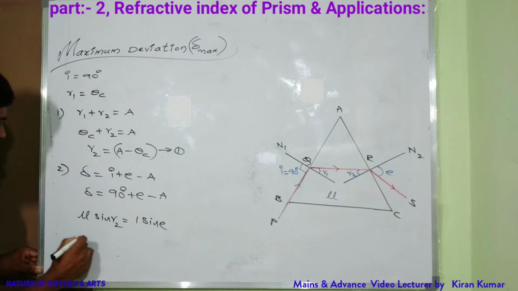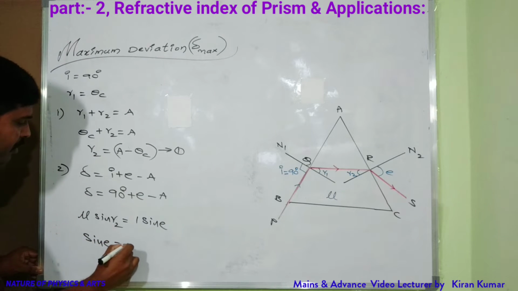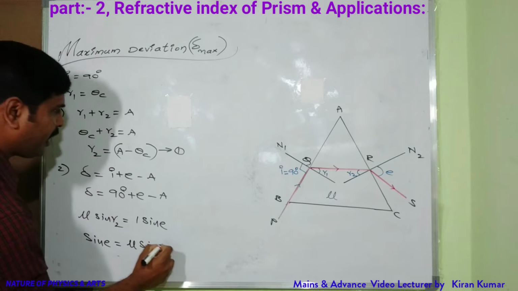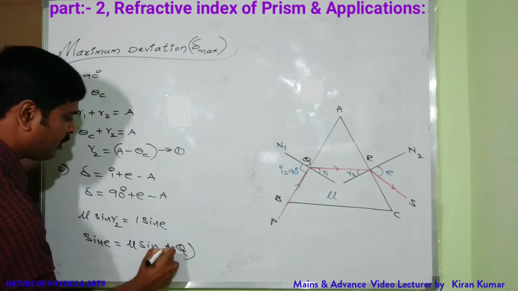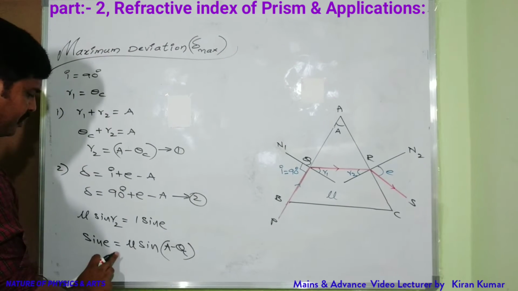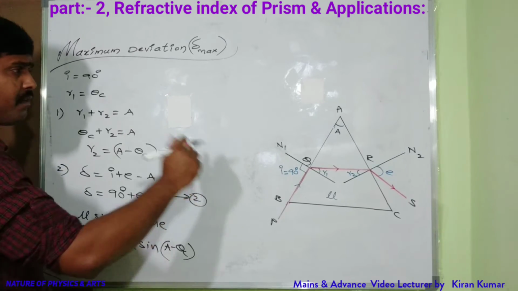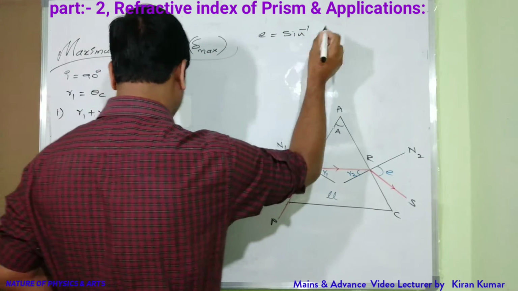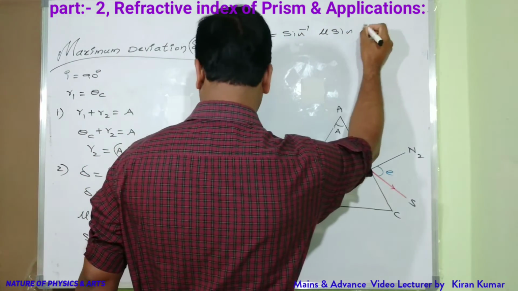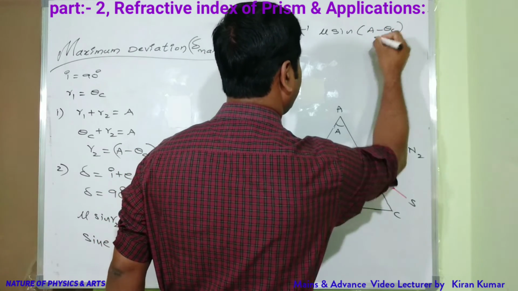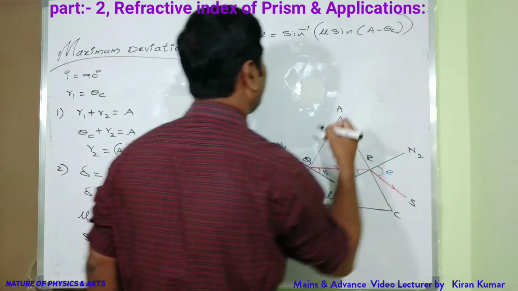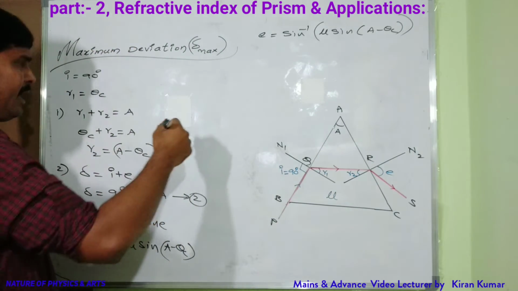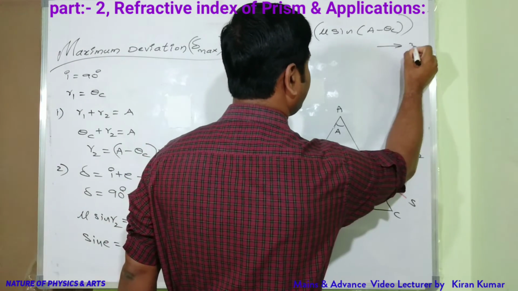From this equation, sine e is equal to mu into sine r2, which is equal to A minus theta C. From this equation we can write e, the angle of emergence, as e is equal to sine inverse of mu sine (A minus theta C). This is the e value, the angle of emergence. Now this is taken as equation number 3.